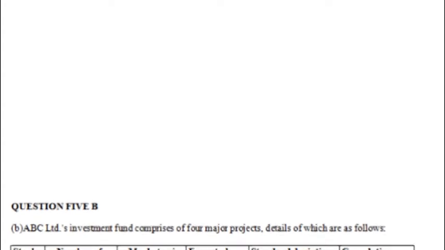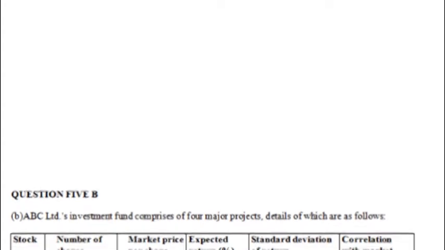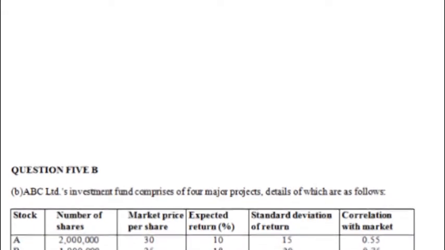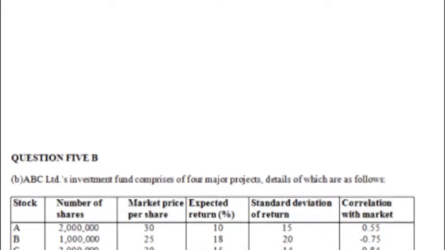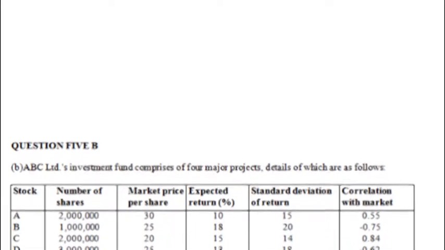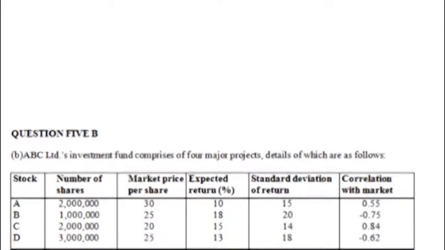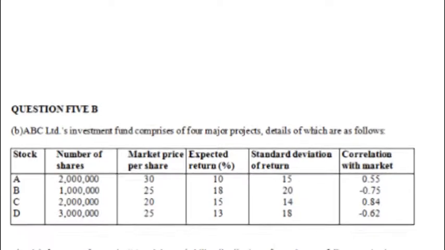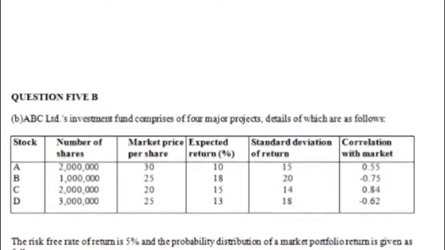ABC Limited's investment fund comprises 4 major projects, details of which are as follows. We have the stocks A, B, C, and D. We have the number of shares, the market price per share, the expected return, the standard deviation of the return, and the correlation with the market.